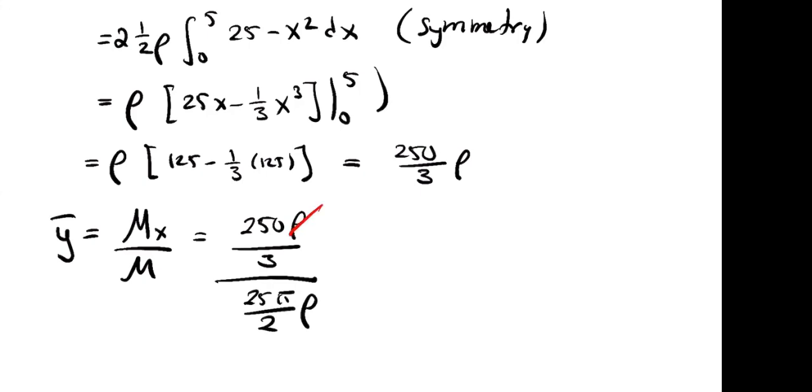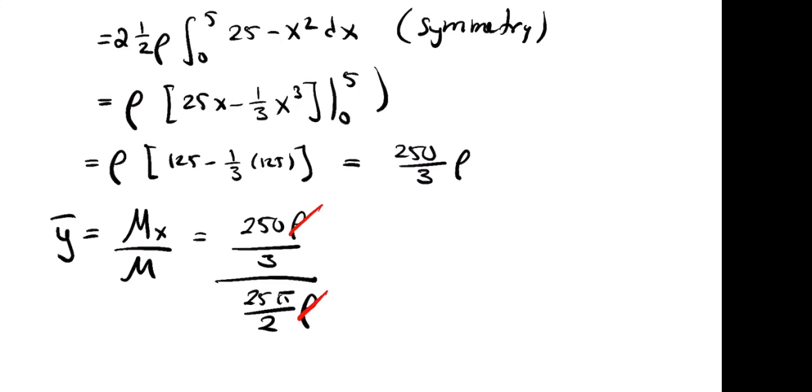Notice that the rhos cancel. It'll always be the case. So if you're not interested in computing mx or my or m, but only x bar and y bar, you can always assume rho is 1, because in all the formulas you're dividing one integral by another. Both have a factor of rho in them, which physically makes sense.